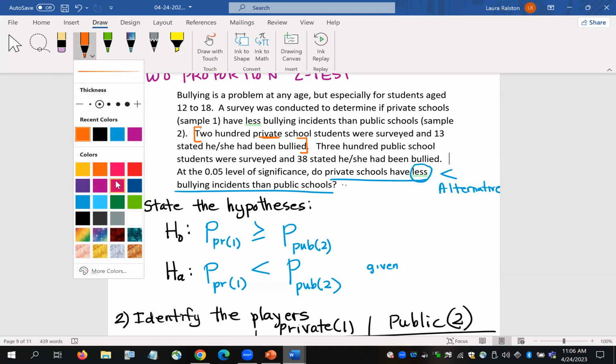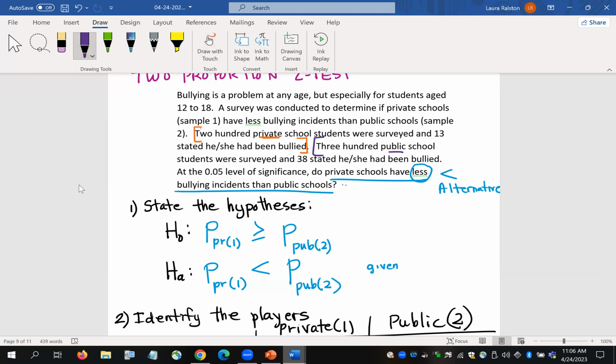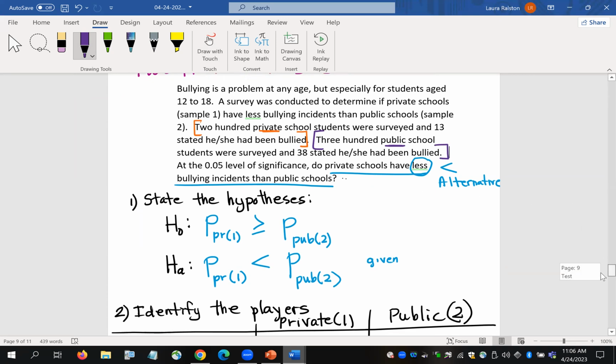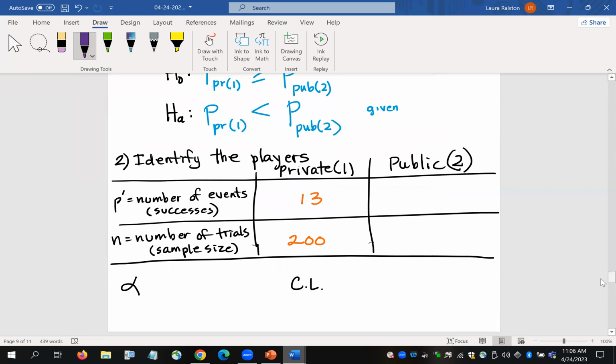Then I read the next sentence. 300 public school students were surveyed and 38 said that they had been bullied. So we had 38 say they had been bullied in public schools, but we surveyed 300.